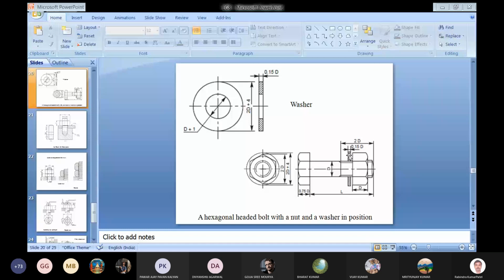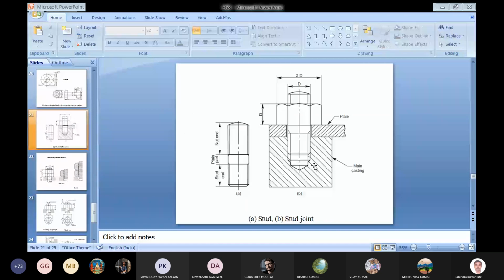Here there is another fastening member which can be used to join different members. This is called a stud. Some part of the stud is threaded in a small portion, and some part has thread in a long portion, and in between there is no thread. This stud is used to connect this plate and the main casting.